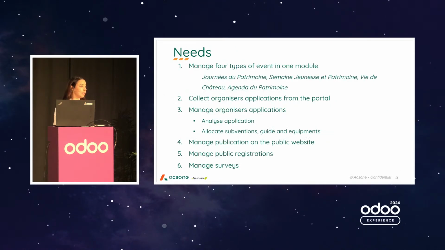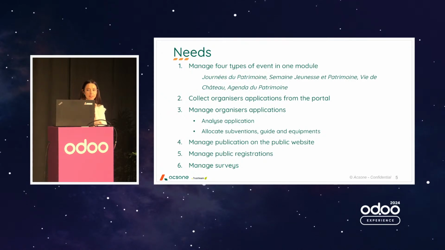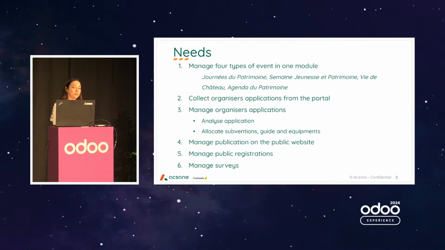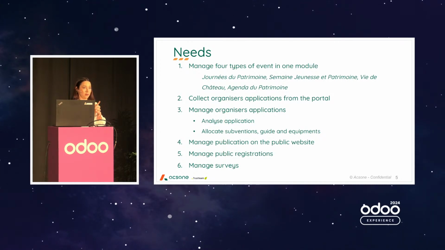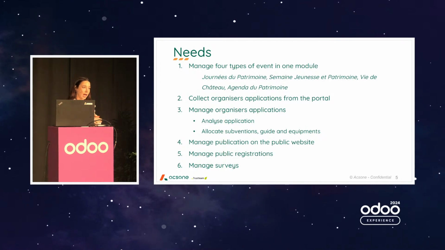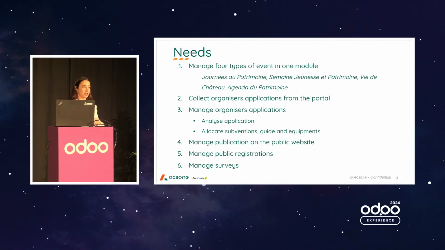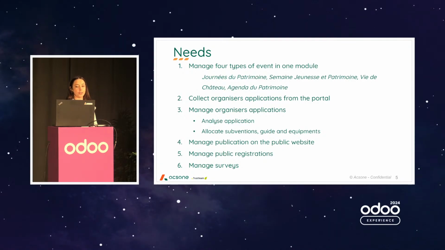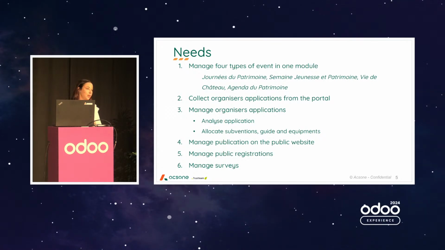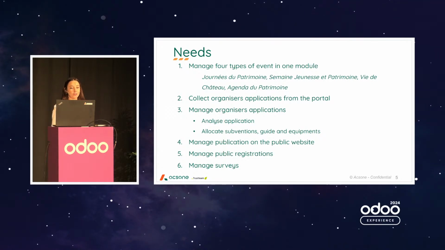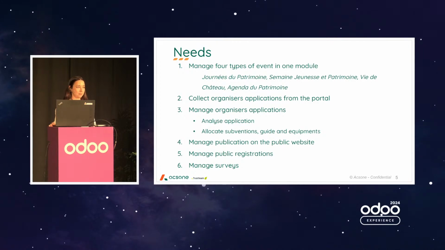So what are the needs the AWAP had? The first one is to manage 4 types of event in just one model. Today I only present Heritage Days, but as you know, AWAP also organizes Semaine Jeunesse et Patrimoine, Vie de Château, Agenda du Patrimoine.